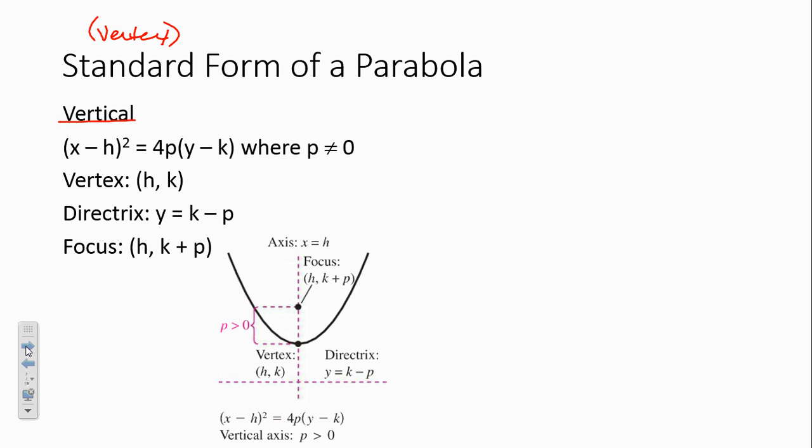Ready for the next slide? Not quite. Actually, it's not the next slide. We're going to talk about the next half of it. So this is vertical.